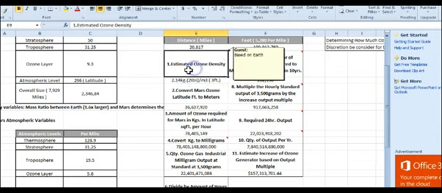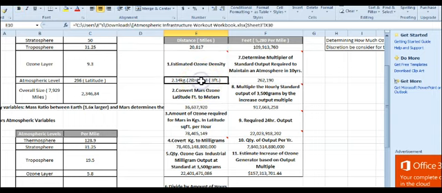A huge thing to take into consideration is estimating the ozone density. Key thing about atmospheric infrastructure, since ozone has a higher density than carbon dioxide, given that a huge portion of the atmospheric elements in Mars are carbon dioxide.